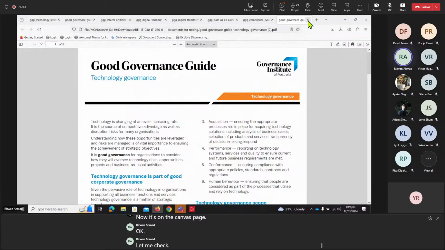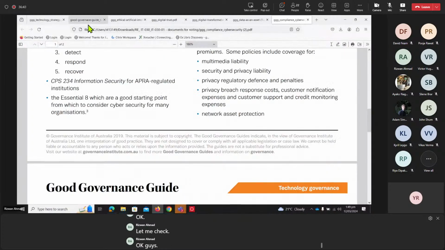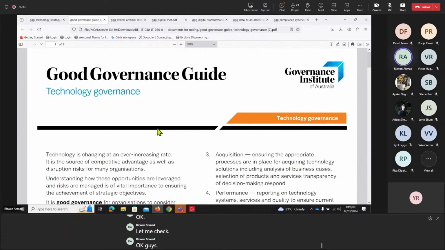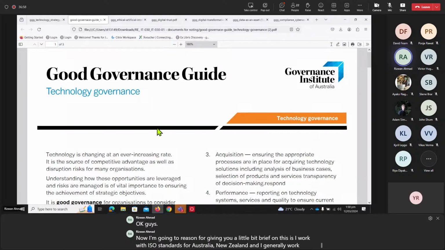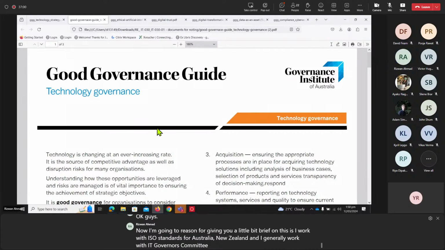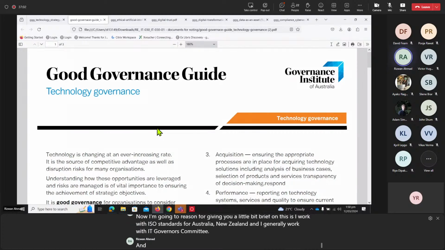Okay, guys. The reason for giving you a little bit of a brief on this is that I work with ISO standards for Australia and New Zealand, and I generally work with IT governance committees. The management of ICT is more about technology.